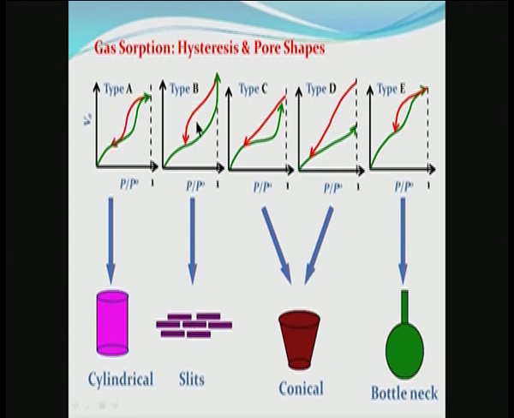If you have slits, it is this kind. If you have conical pores, then you get either type C or type D, and if there are bottleneck shaped pores, then you get type E. So, by experimentally measuring the shape of the desorption adsorption isotherm, we can deduce the shape of the pores present in that particular material.